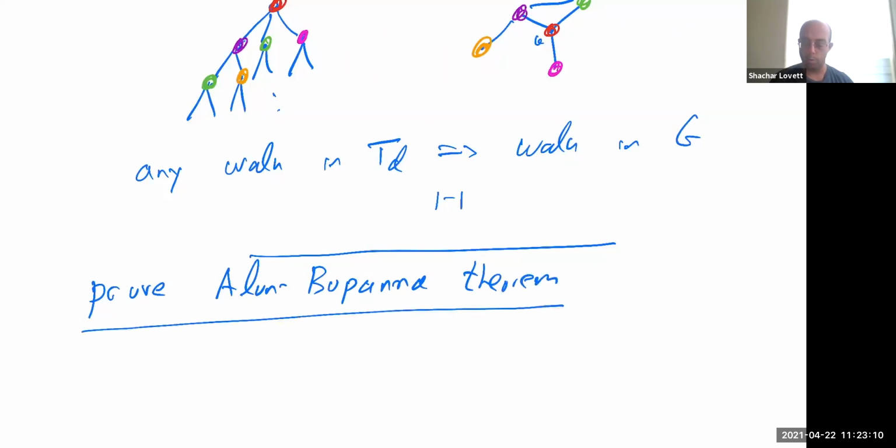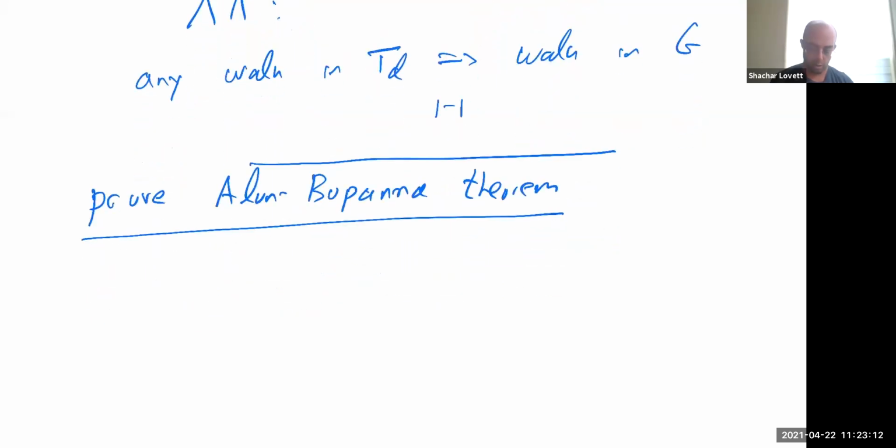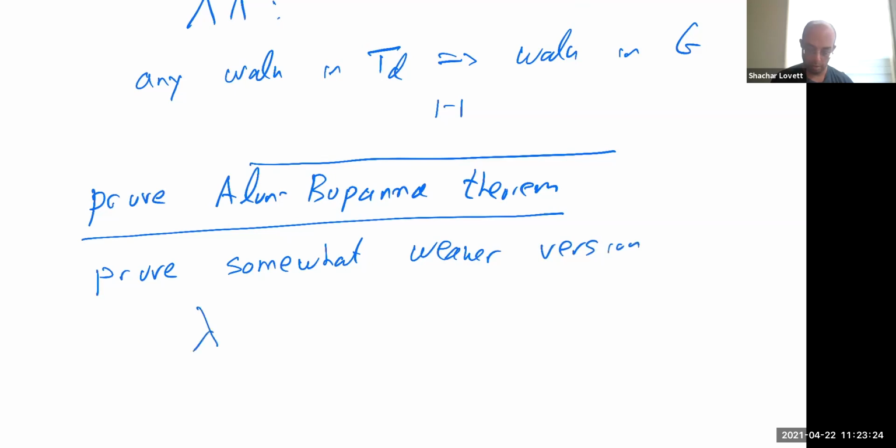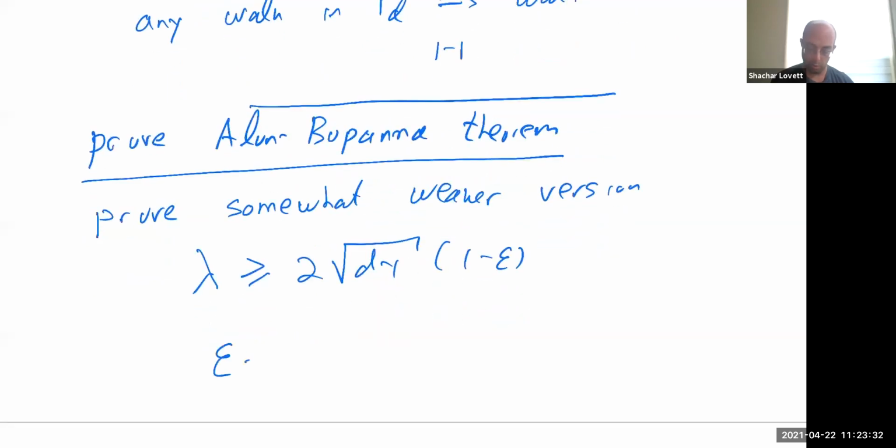But actually, we're going to prove a slightly weaker version. What we're going to prove is that lambda is at least 2 square root of d minus 1 minus epsilon, where epsilon is also slightly worse, of order log delta over delta.